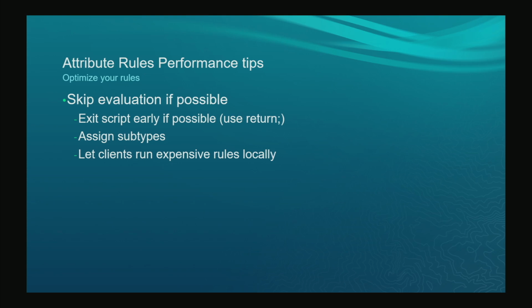The server will run the rule again and say, oh, this field is populated, that means the client has already done the work. I'm just going to quit and exit early. So you avoid the spatial query on the server side, which saves tremendous time, and it adds up if you have a lot of queries.